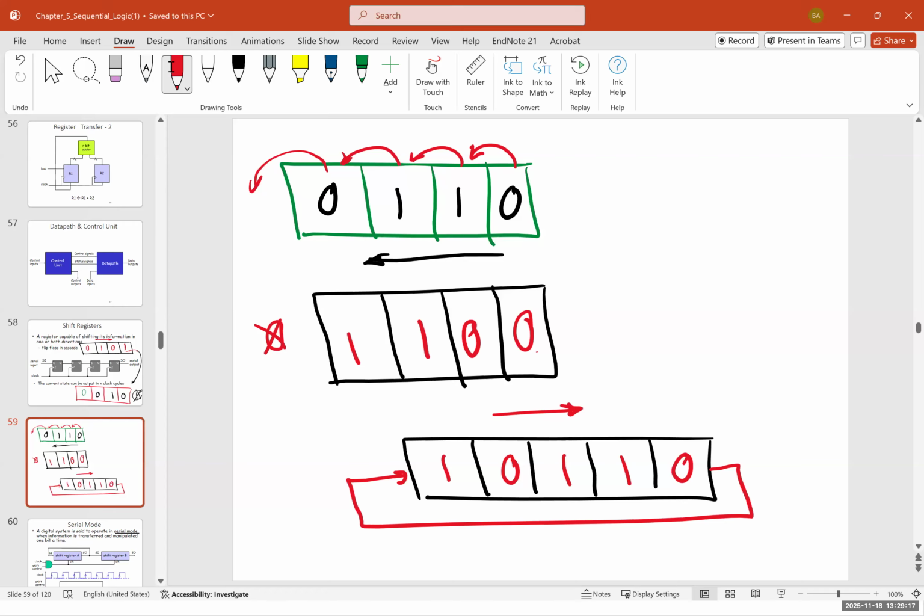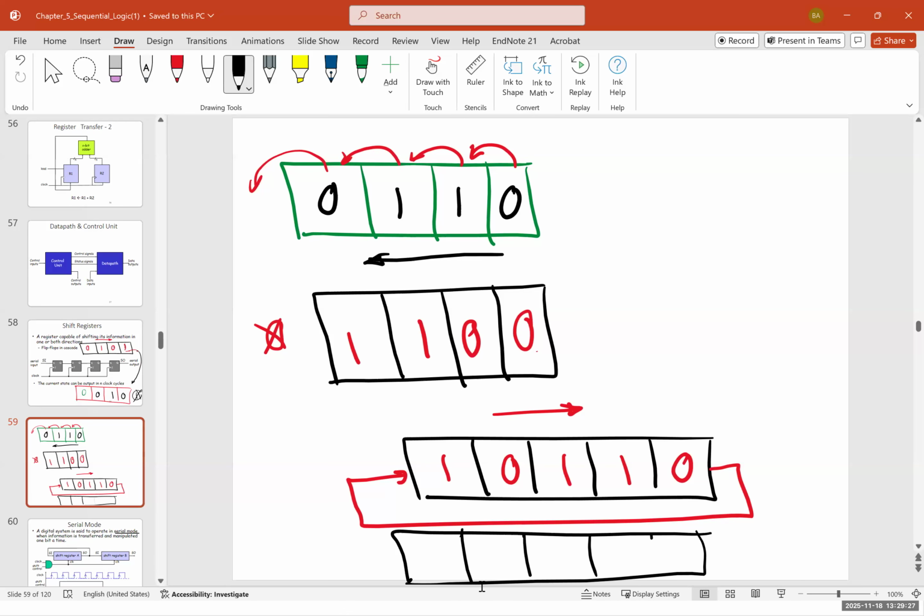So if I want to shift 1 bit to the left, what would the answer be? Each bit would shift 1 to the left, and this 1 would go back. So I'm going to have 0, 1, 1, 0, 1.